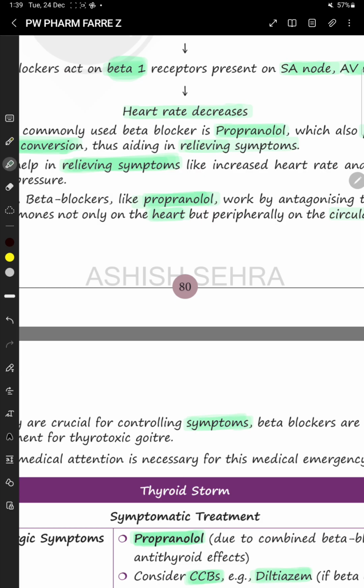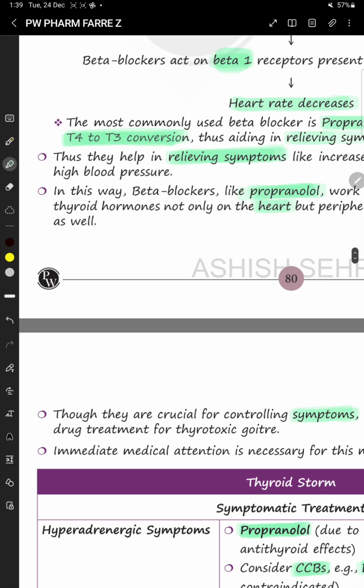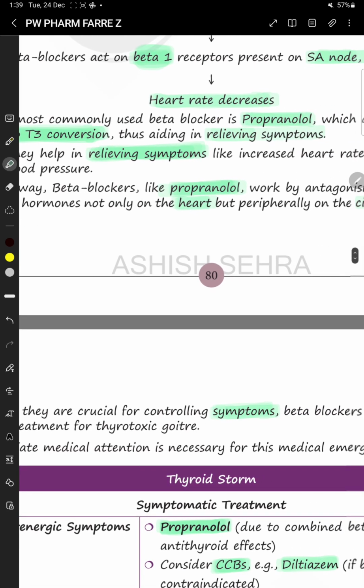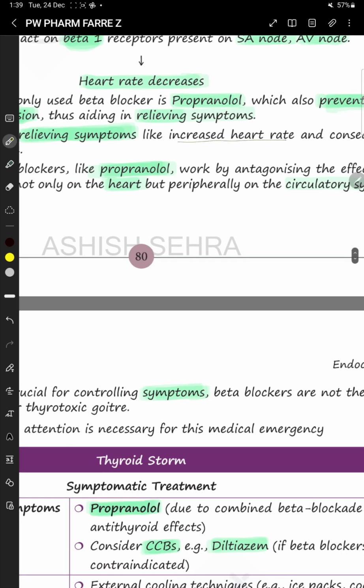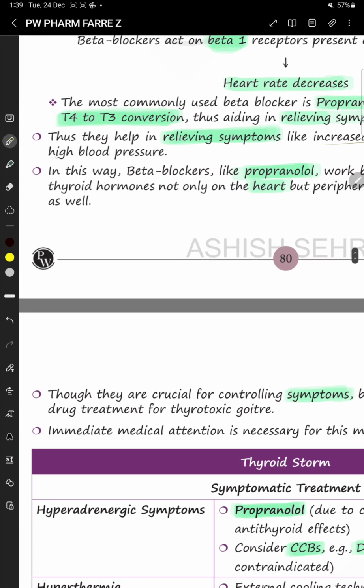So propranolol first acts on the heart and decreases heart rate and cardiac output. It also prevents the conversion of T4 to T3, which helps relieve the symptoms. What are the symptoms of thyroid storm? Increased heart rate and consequent high blood pressure, and propranolol decreases these symptoms.